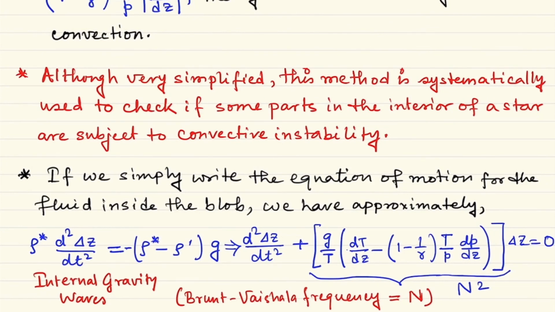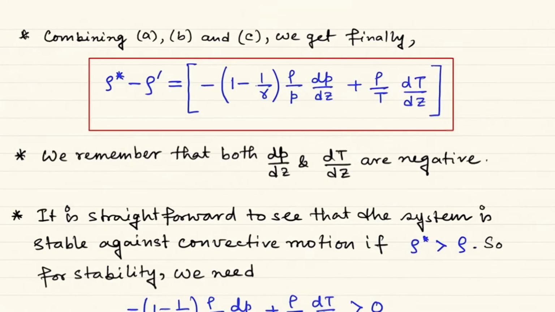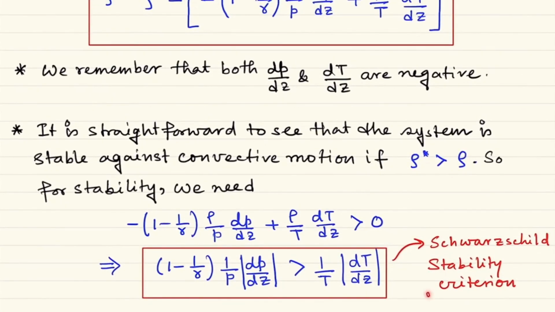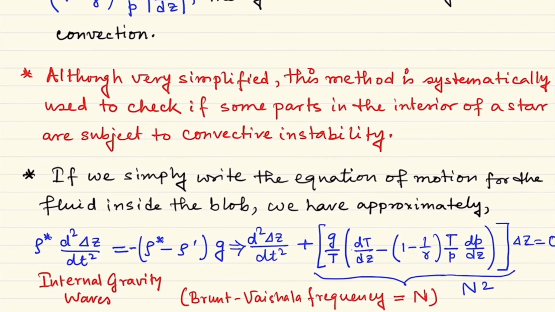What I would like to make clear here is that this quantity is positive only when the Schwarzschild stability criterion is satisfied. That means they are equivalent. This is easy to see.